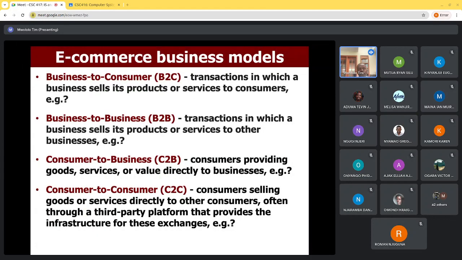the regulatory regime in Kenya was such that the Tier 1 operators like Safaricom could not provide internet services directly to consumers. So they would provide point-to-point links to ISPs, internet service providers.